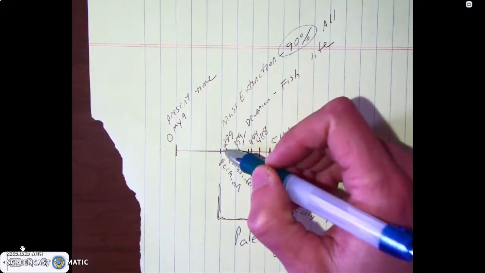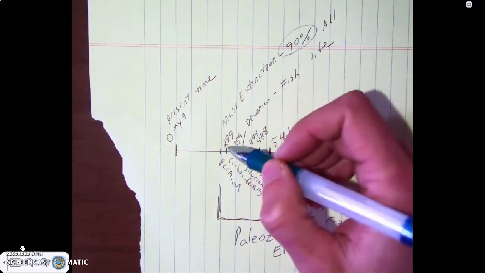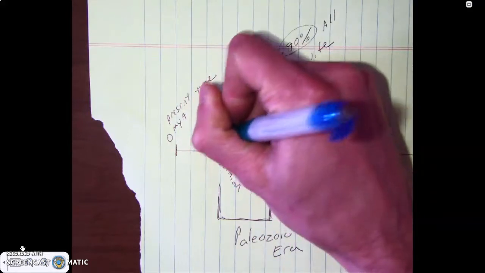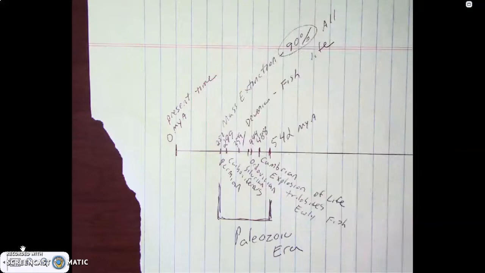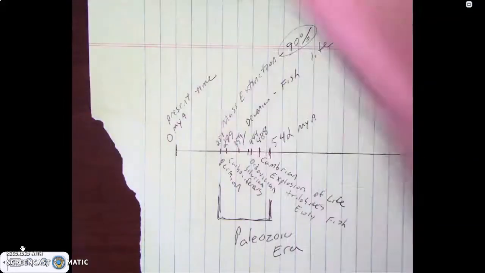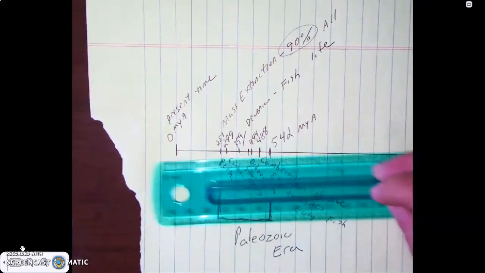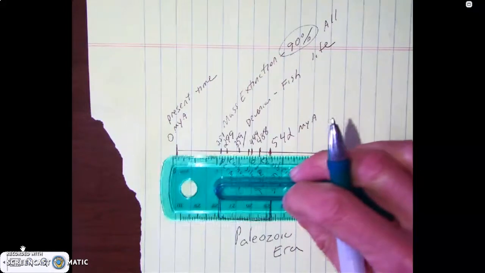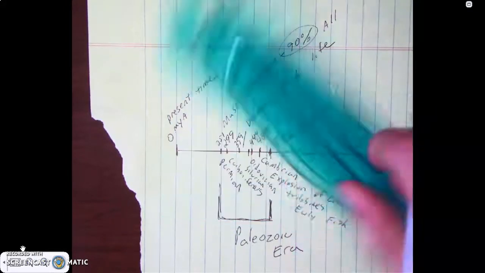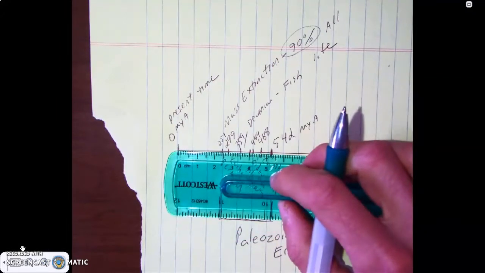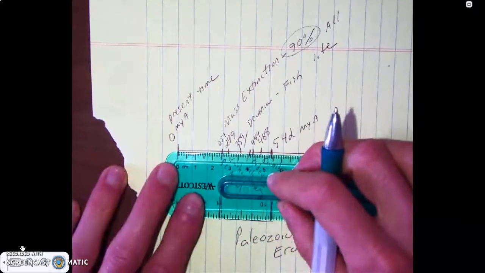The next time period we'll plot is the Triassic. The Permian ended at 251 million years ago, and the Triassic began at the same time. The Triassic ends at 200 million years ago, which puts us at 2 centimeters.